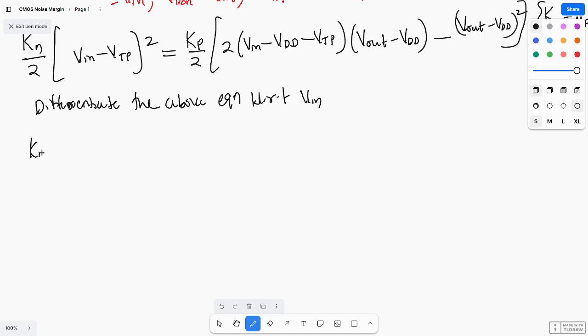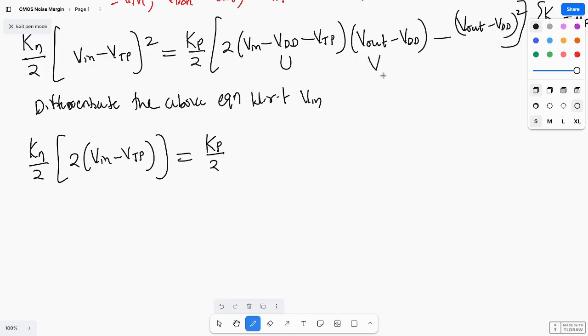This is Kn by 2, differentiation of x square is 2x, so 2 into Vin minus VTN, that is equal to Kp by 2. Then I need to apply the UV formula, where this is U and this is V. The differentiation of UV is U into dV by dx plus V into dU by dx. That I am applying. So U means 2 into Vin minus VDD minus VTP.